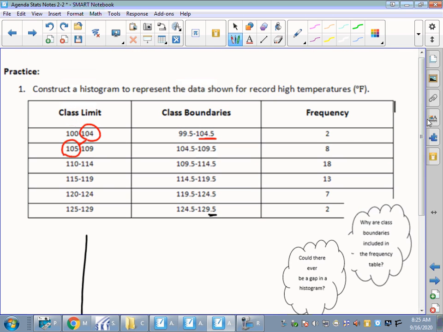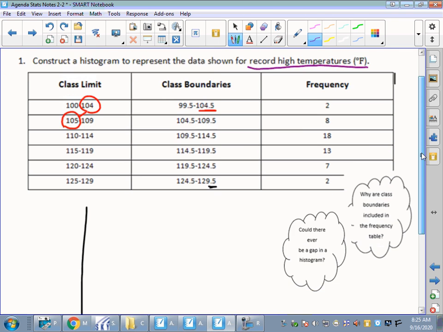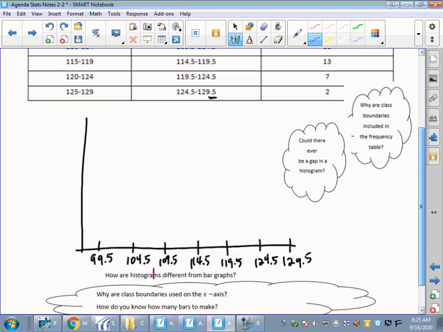It does say record high temperatures. So along this axis, this is going to be record high temps. Pretty much always your y-axis will always be frequency. Every time, frequency.